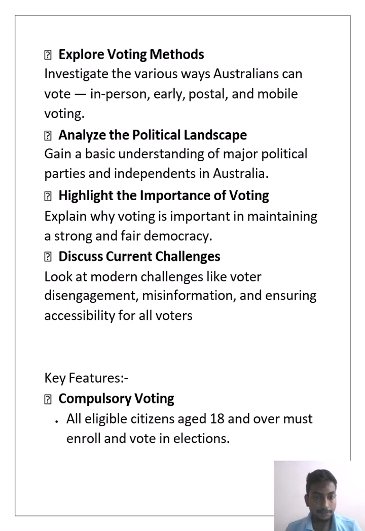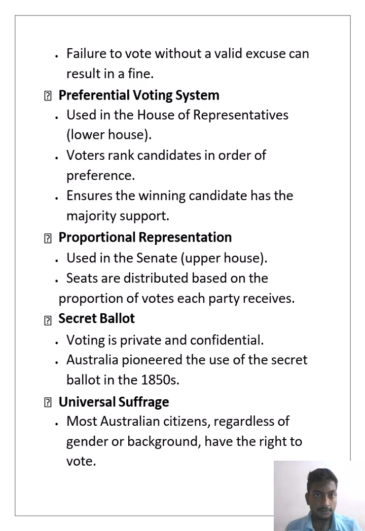Key features: compulsory voting. All eligible citizens aged 18 and over must enroll and vote in elections where possible. At the age of 18 or above, citizens can participate in voting.